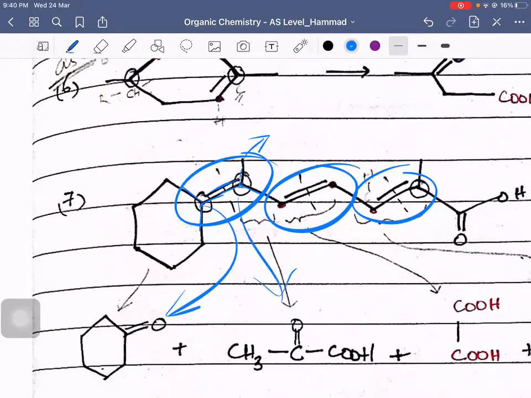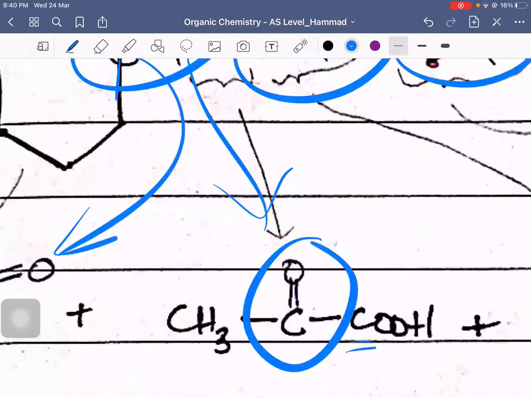This is the ketone functional group, C double bond O between two carbons.